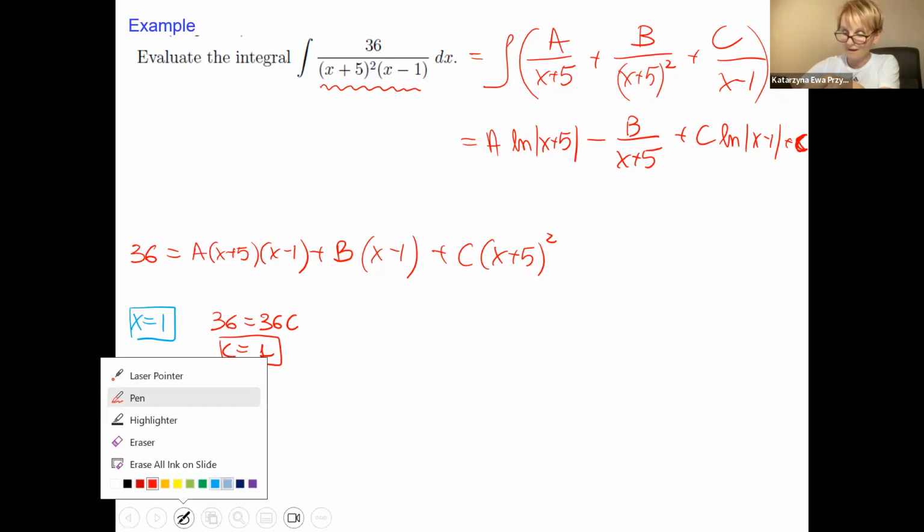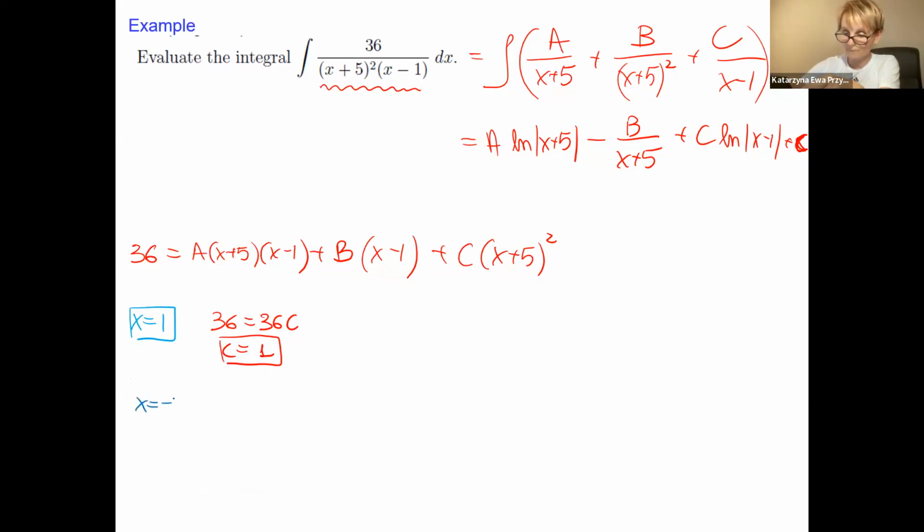Really nice. Now I can substitute -5. What are we getting? This is still 36, gone, gone, -6b. b is 6. Oh no, b is -6, correct?